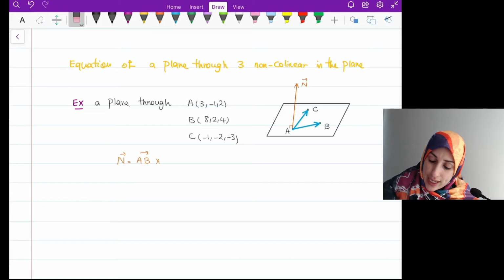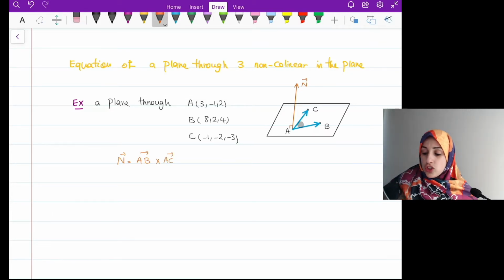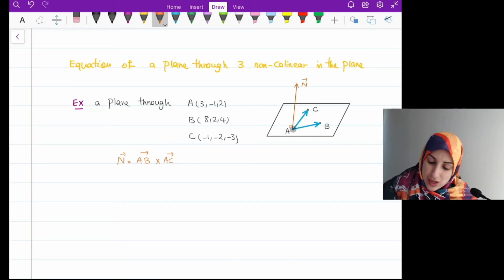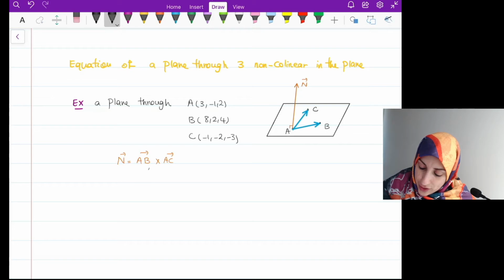Actually, these two should be at the same beginning point. So I need to find AB, I need to find AC, and then the cross product.